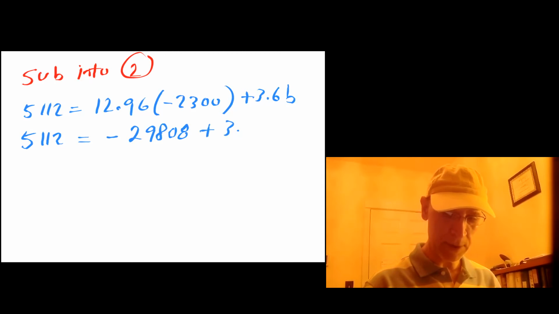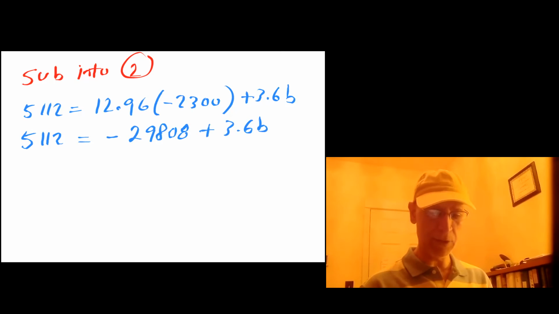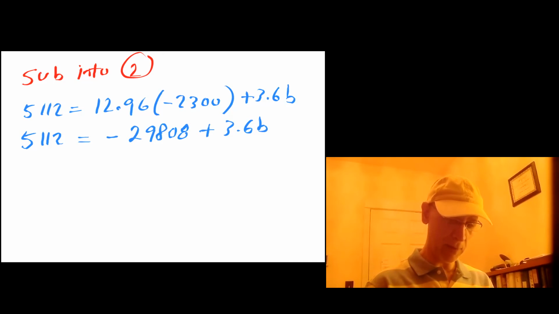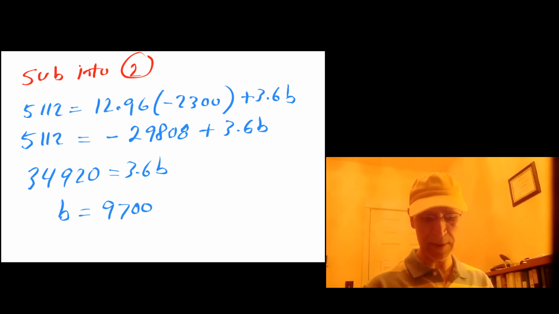Plus 3.6b. Adding 29808 to both sides, plus 5112, gives me 34920 equals 3.6b. Divide both sides by 3.6, and I get b equals 9700.